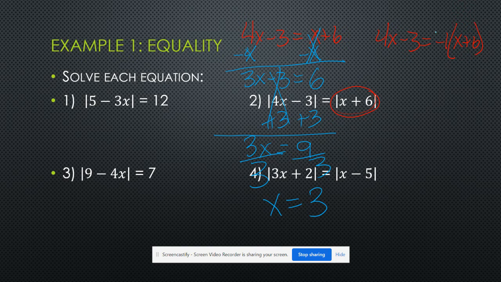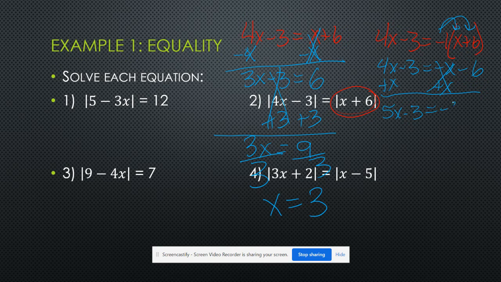Over here on the right side, we'll start with distributing that negative 1 to everything inside the parentheses. 4x minus 3 then equals negative x minus 6. So I'm going to add x to both sides.